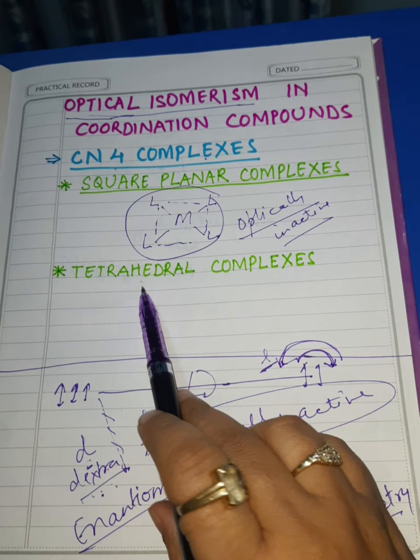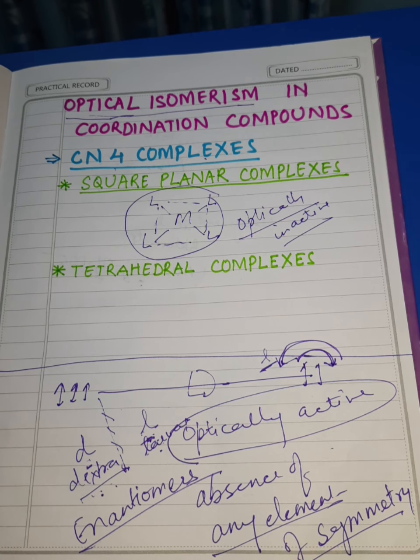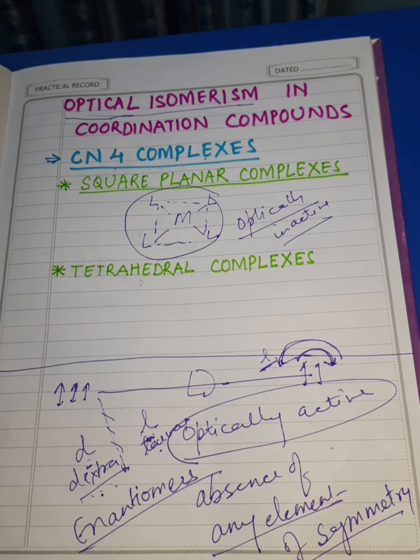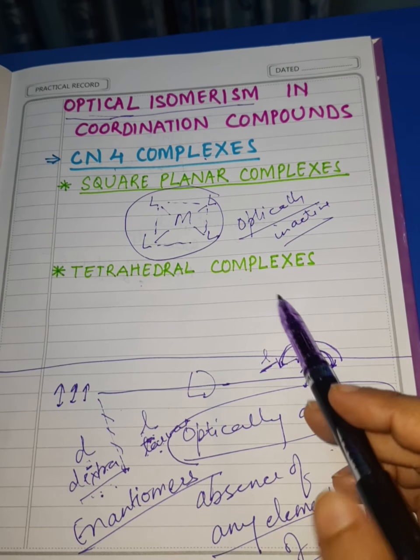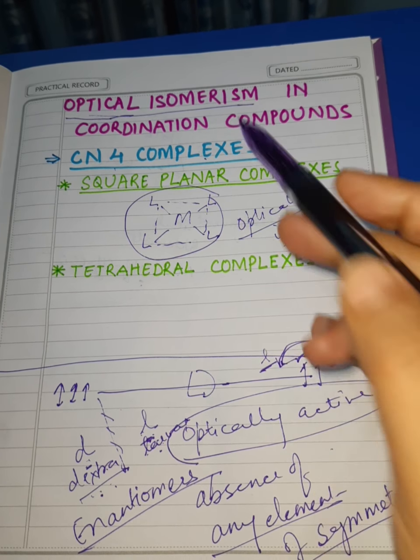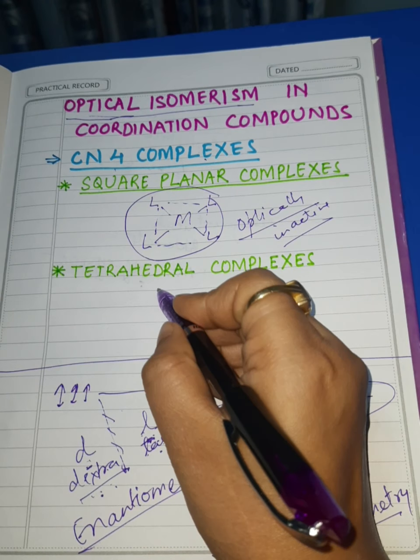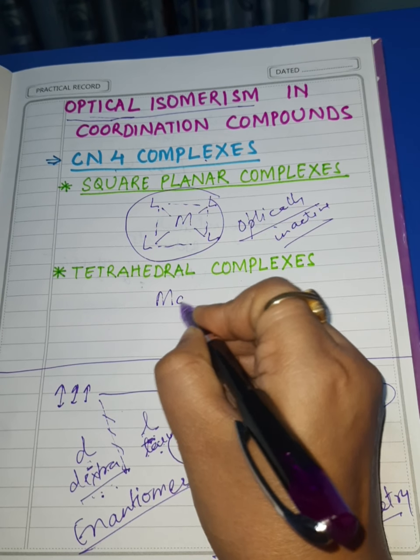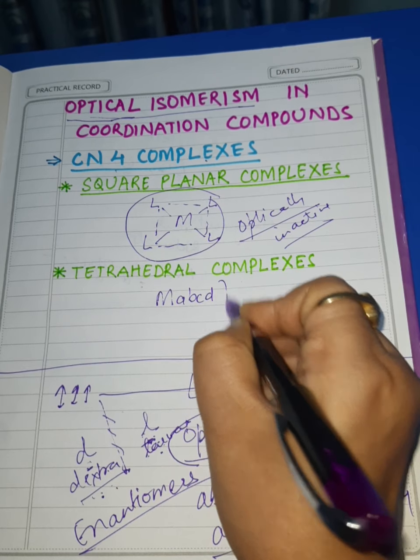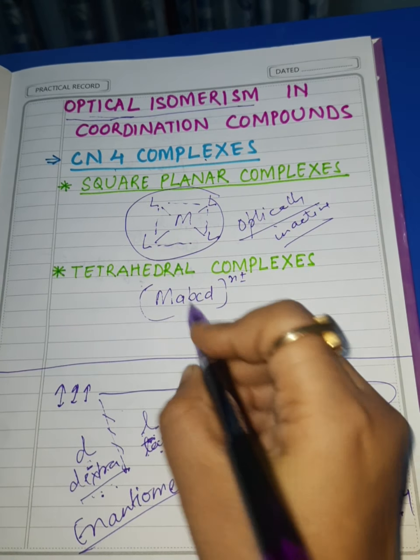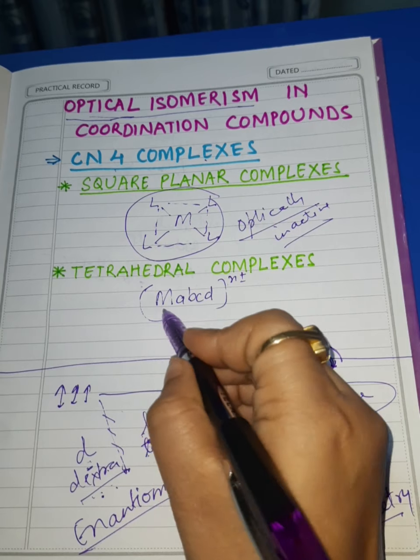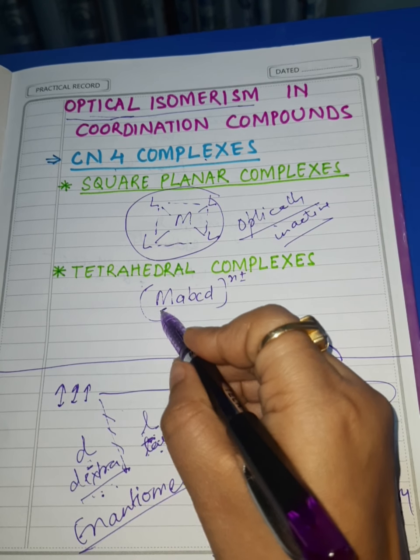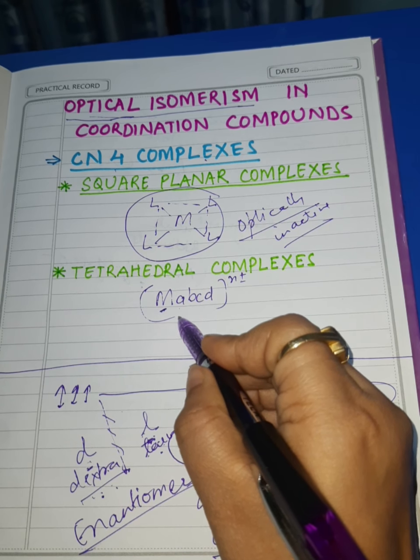Now, when it comes to tetrahedral complexes, as in organic compounds, we all know that compounds which possess tetrahedral geometry show optical isomerism. The same should be applied to coordination complexes, especially the coordination complex of the type MABCD n+/-. In such a complex, the central metal atom or ion possesses chirality.